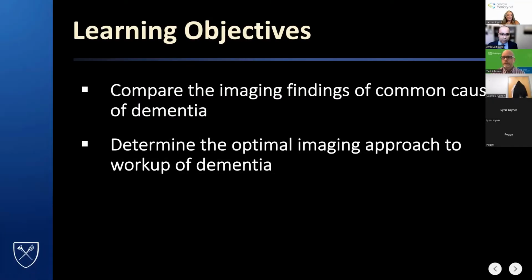The learning objectives are first to compare the imaging findings of common causes of dementia, and I will present these in unknown format for folks to type their answers in the chat or unmute themselves, hopefully to make this fun and interactive. Then to determine the optimal imaging approach to the workup of dementia. I will go through some of my thoughts on imaging modalities, contrasts, and strengths and weaknesses of the various approaches.